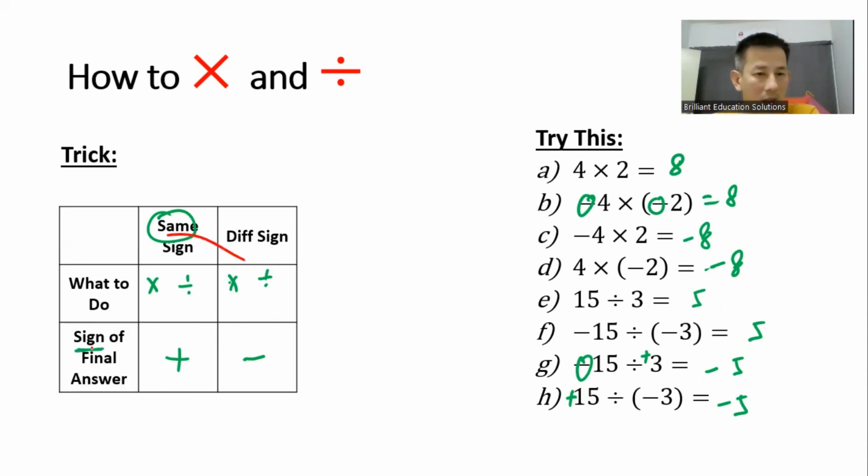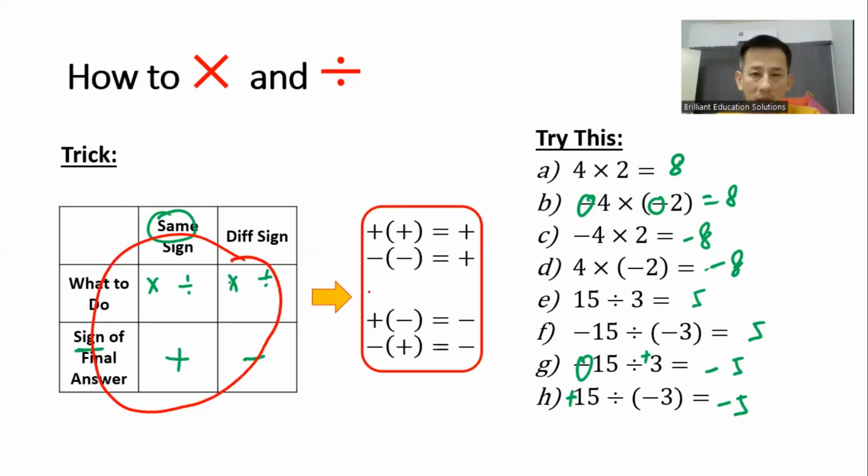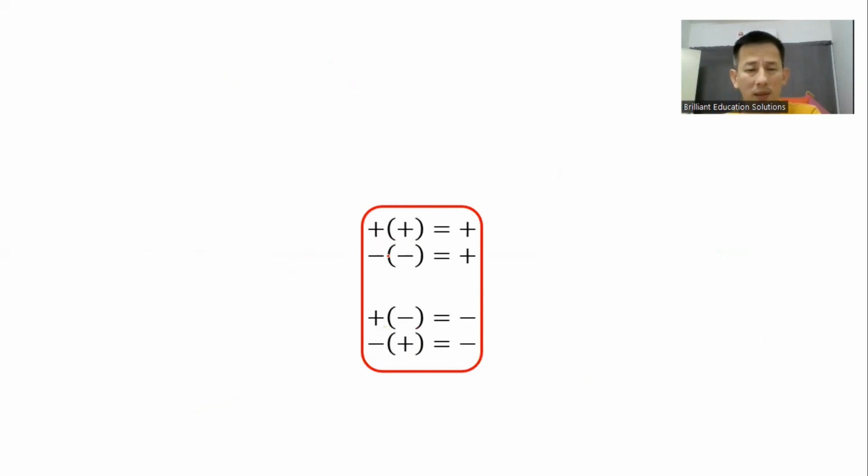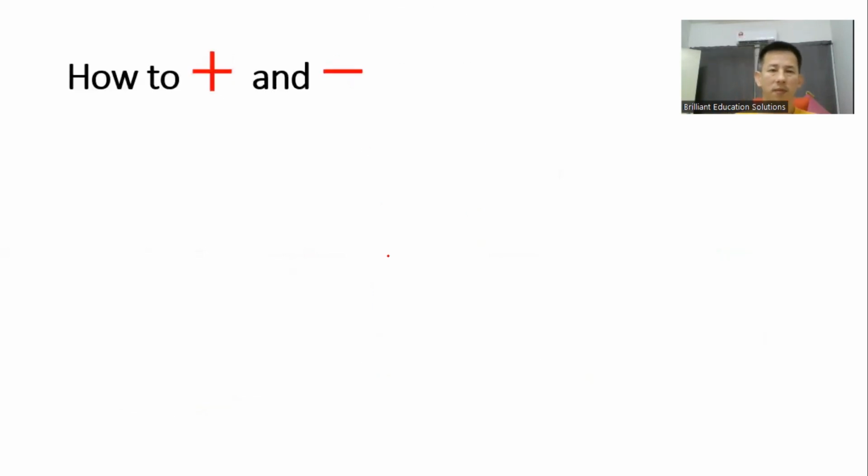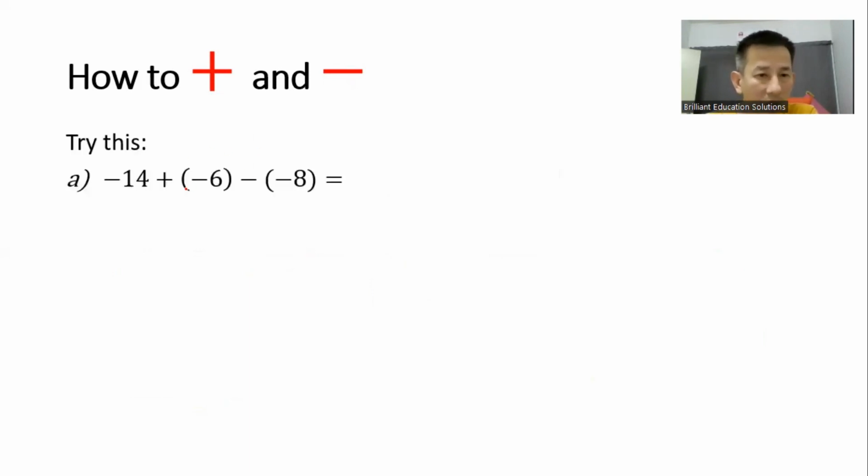So this stuff here can be summarized like this. And you notice you have a double sign here. We use this with plus or minus. So how to plus and minus with double sign? First, we need to settle the double sign.